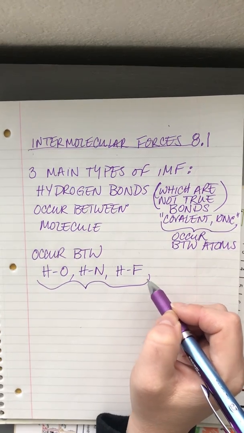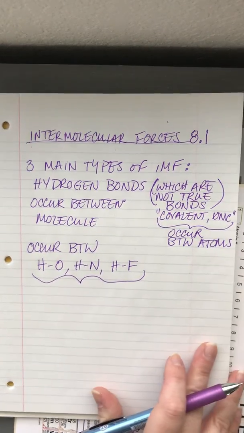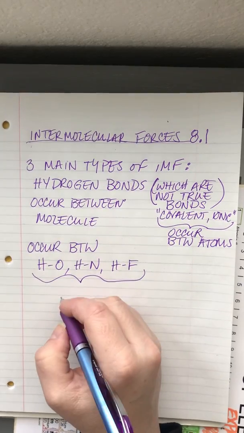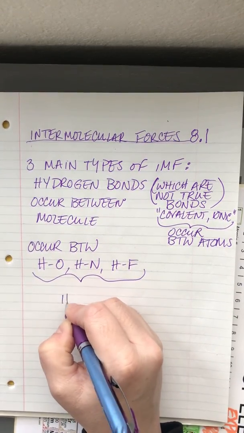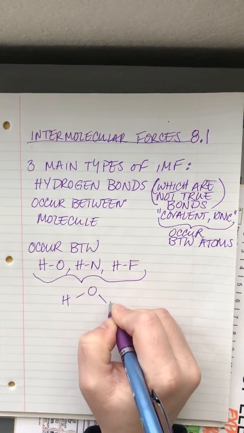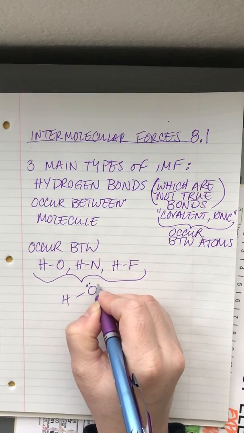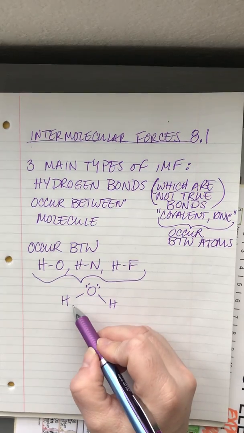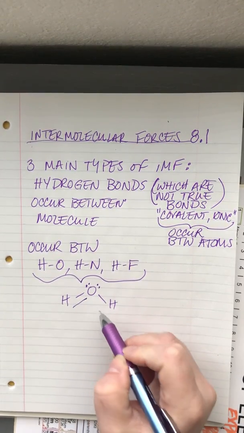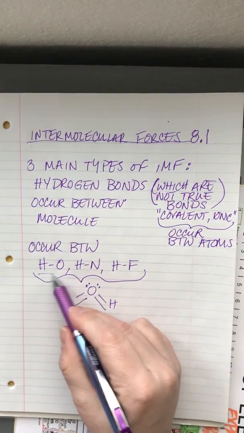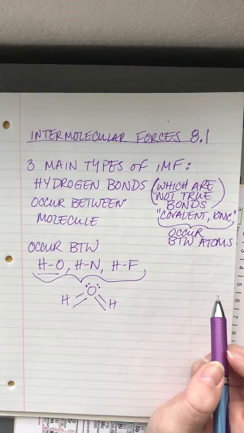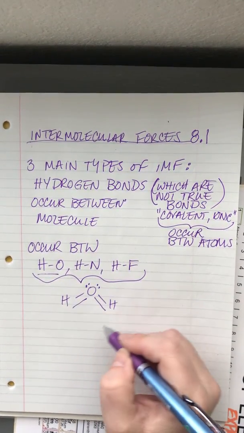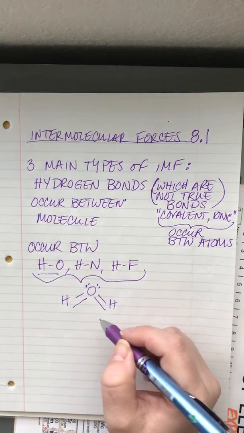Cool. So the most common example of something that can do hydrogen bonding would be a water molecule, right? So a water molecule has two of these hydrogen-oxygen bonds, which makes it really good at hydrogen bonding.